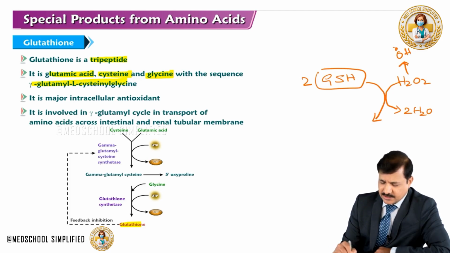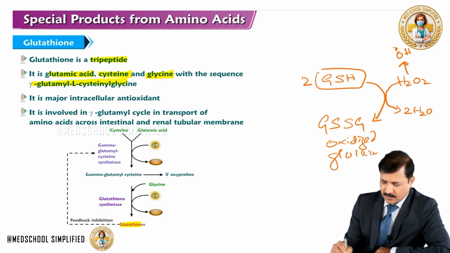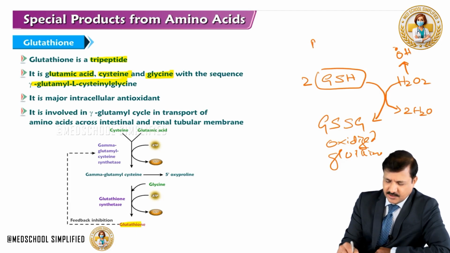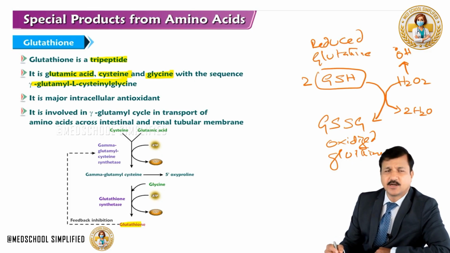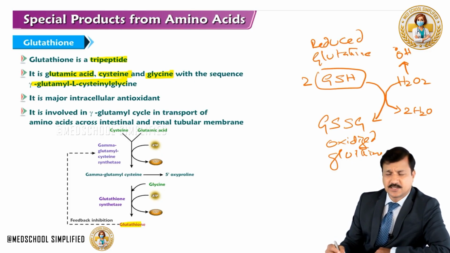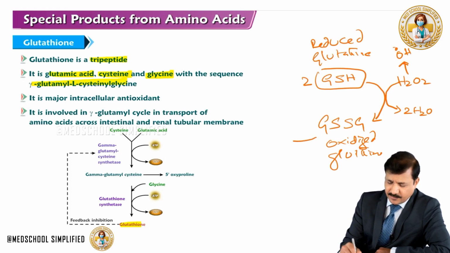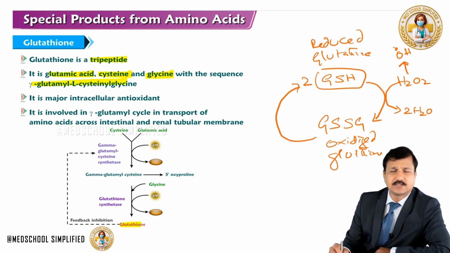So these 2 GSH will be converted into GSSG, which is oxidized glutathione, and GSH is reduced glutathione. Oxidized glutathione, upon neutralizing hydrogen peroxide, will be converted back into GSH.